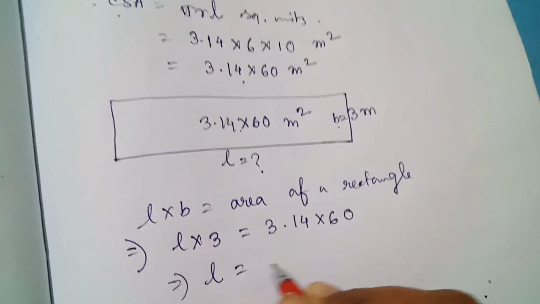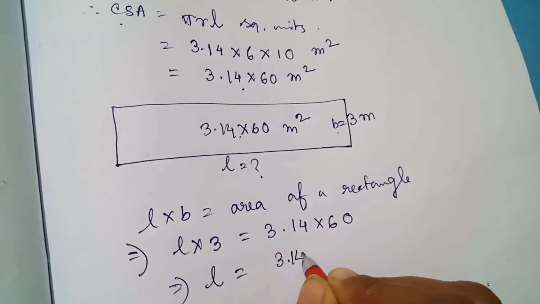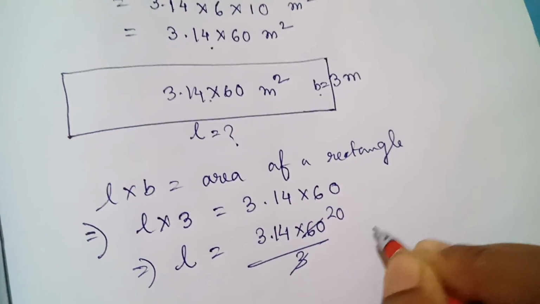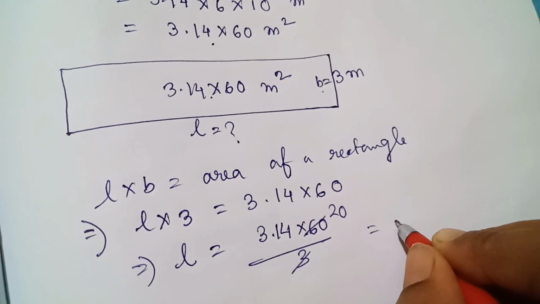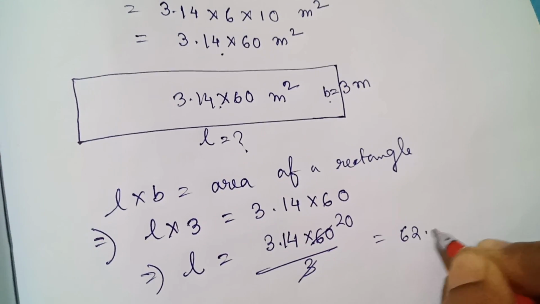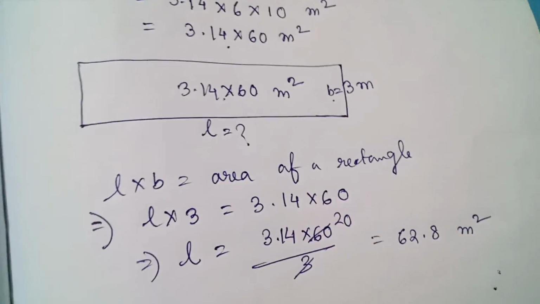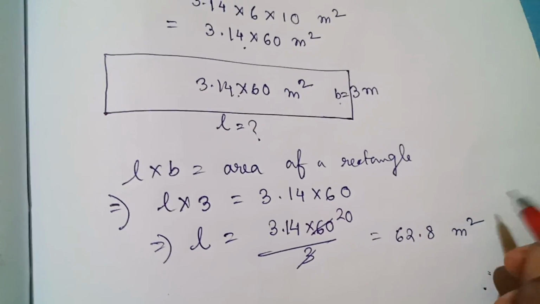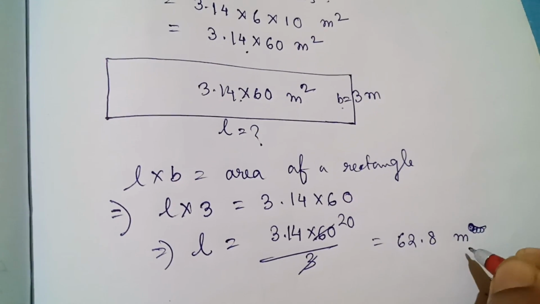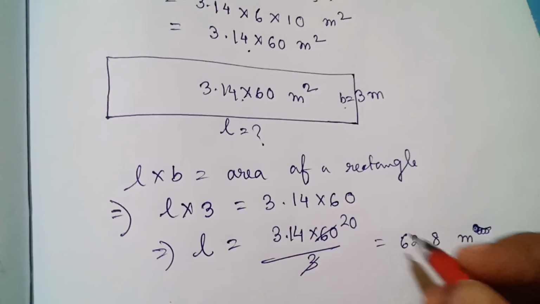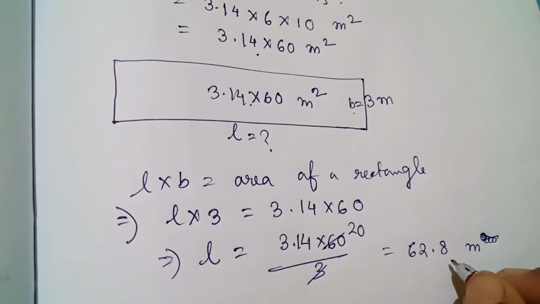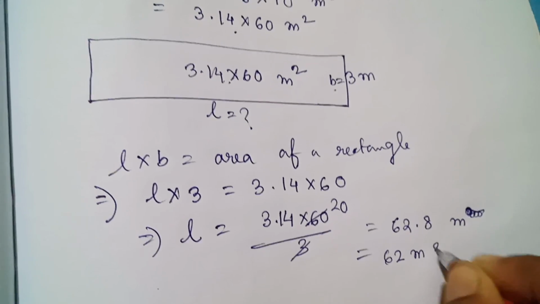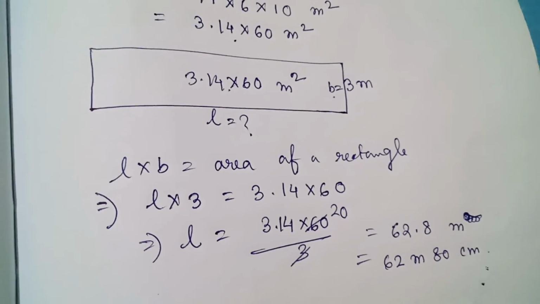So L will be 3.14 into 60 divided by 3. 60 divided by 3 is 20, so 3.14 into 20 will be 62.8. Sorry, not meter square, 62.8 meter, because it is length, not area. We need 62.8 meter, which you can write as 62 meter 80 centimeter.